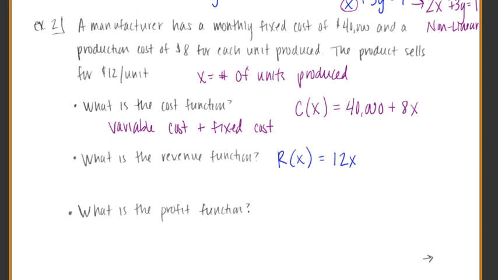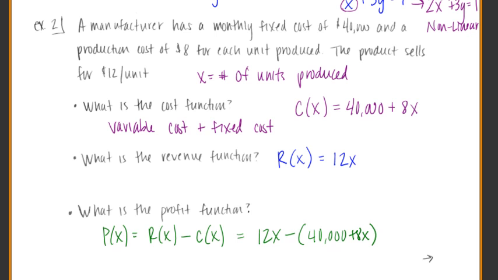All right, going down to the next part. It says, what is the profit function? Well, remember profit, by definition, we can say that P of X is always the amount in, the revenue, minus the amount you have to spend to get out. So it's the revenue, it's 12x, minus, and I'm about to subtract the cost function. Because the cost function has more than one term, I've got to be very careful and put it behind parentheses.